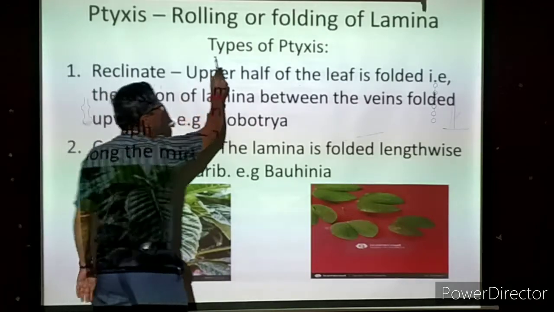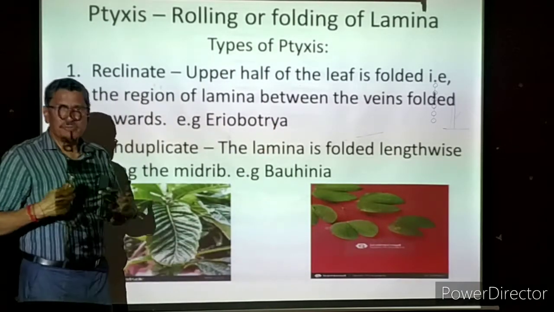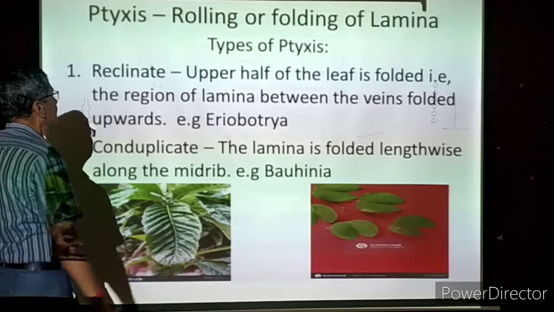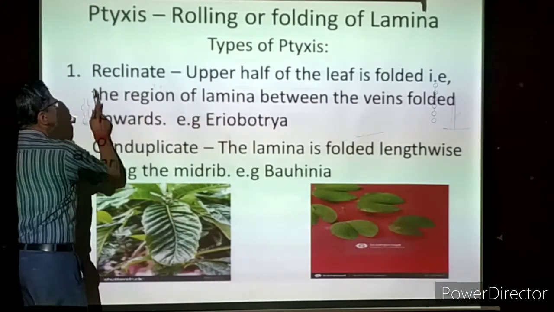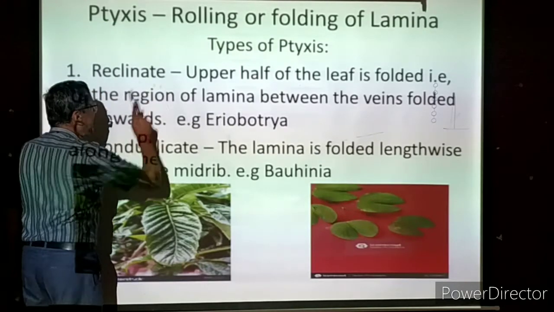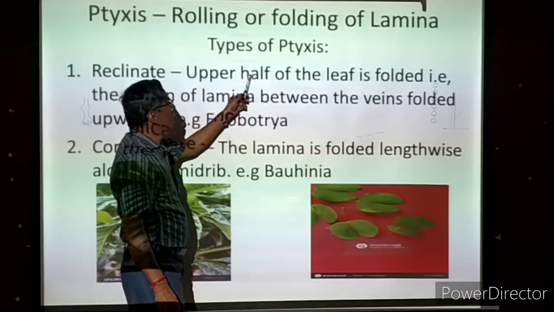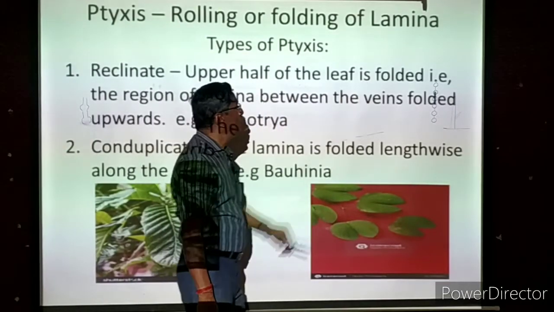Now types of ptyxis. What are the different methods of folding? What are the different patterns of rolling? We have to see that, the types of ptyxis. First one is reclinate. What is the meaning of reclinate? The upper half of the leaf is folded.